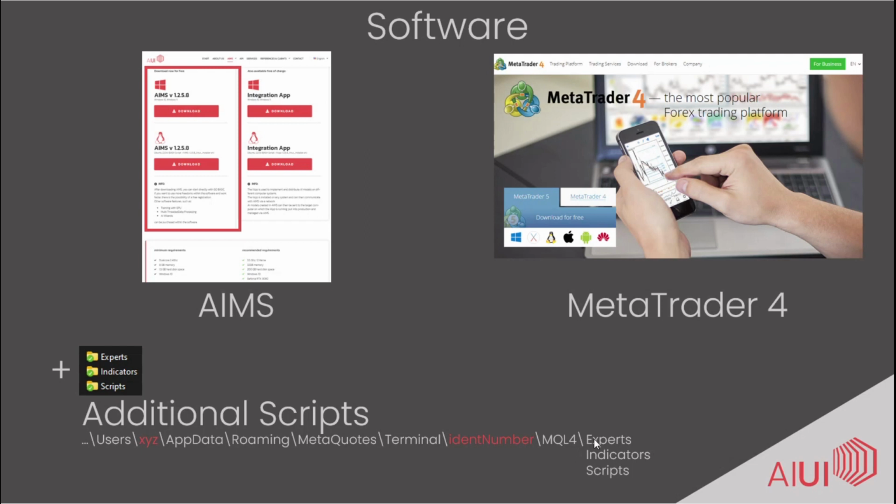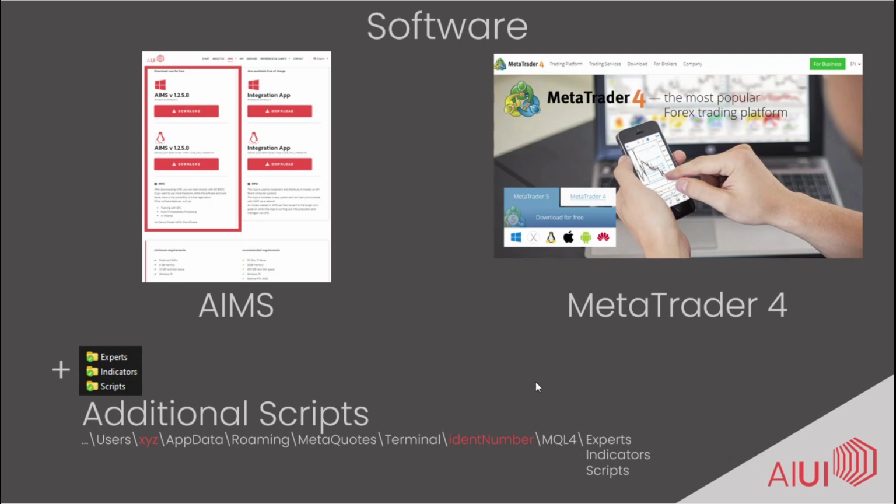And what is already required to do the trading is some scripts. We created some scripts to send data from MetaTrader 4 to our software AIMS, as well as indicators and an AI expert, an expert advisor that is trading on behalf of the implemented AI.